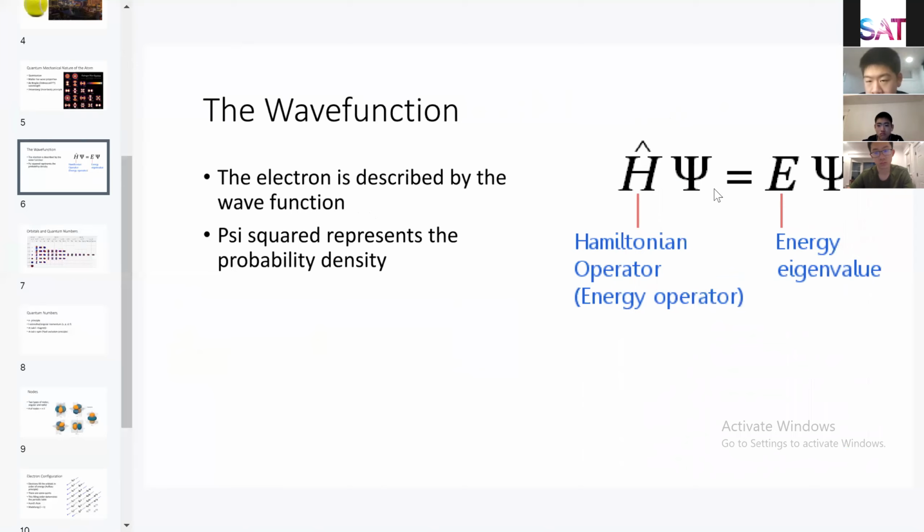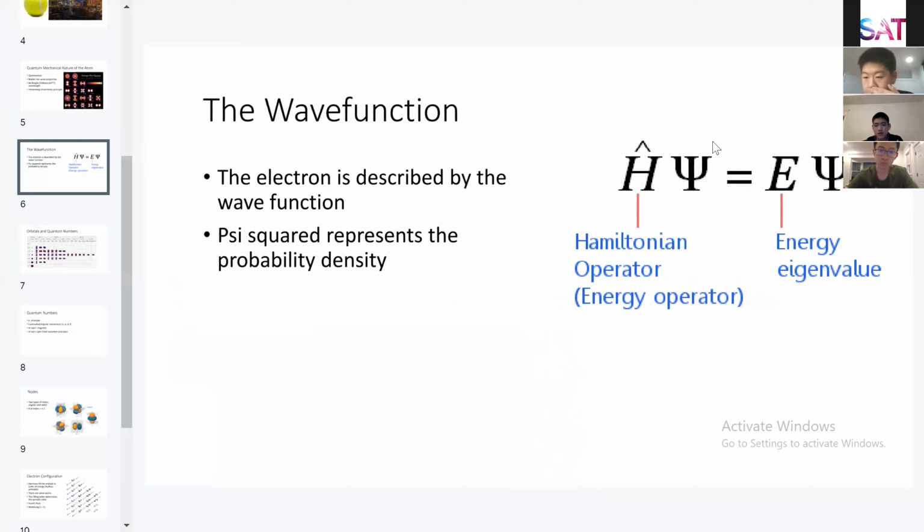It doesn't really have too much physical significance, but if you take the value of the wave function squared, psi squared, that represents the probability density. So it's how likely you are to find the electron at a given point, okay?